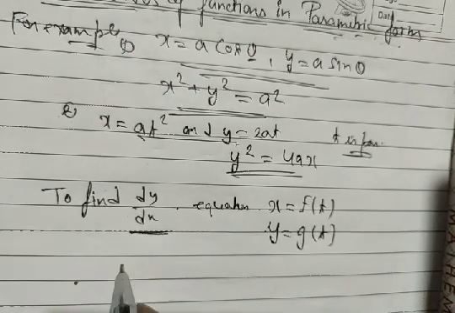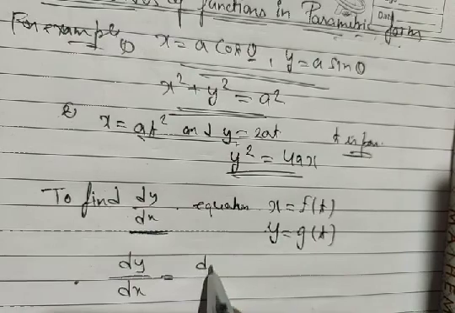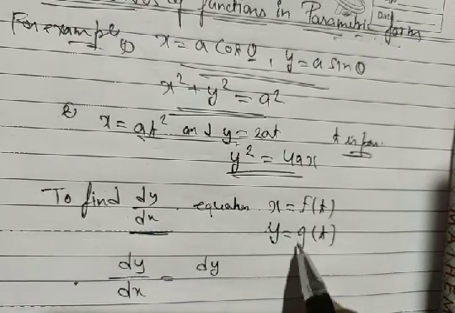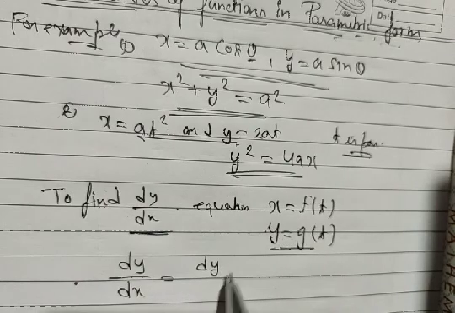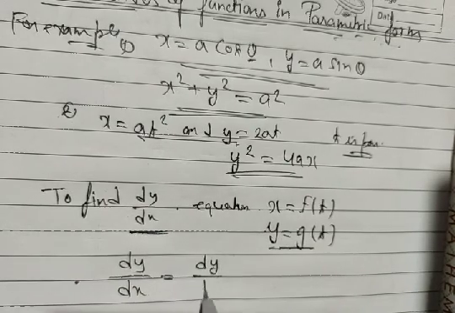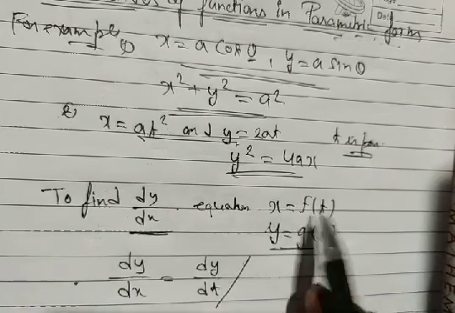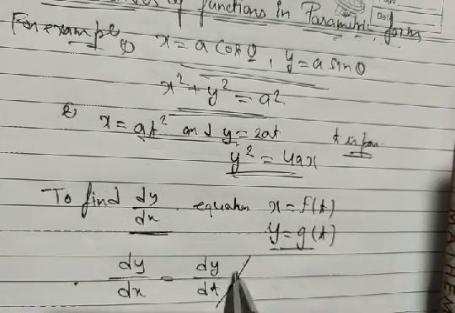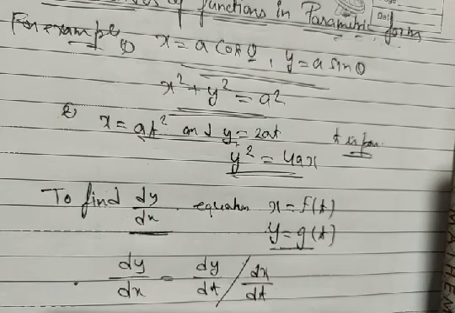Then to get dy dx, first of all we are going to find the derivative of y with respect to t, dy dt. Then we are going to find dx dt. To get dy dx, we divide dy dt by dx dt.